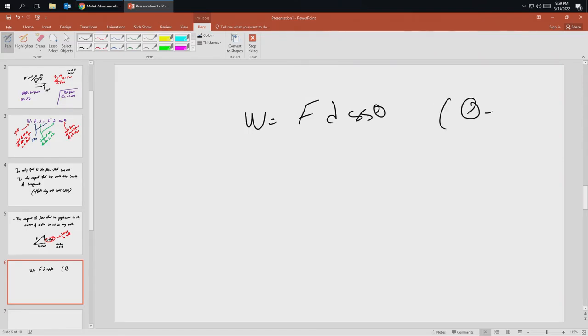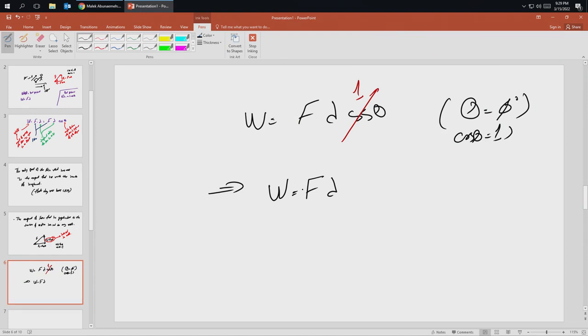Now we have our theta equals 0 degrees. That means our cosine 0 is going to equal 1. So this little fella over here is going to go to 1. So basically your work is going to equal F multiplied by D.